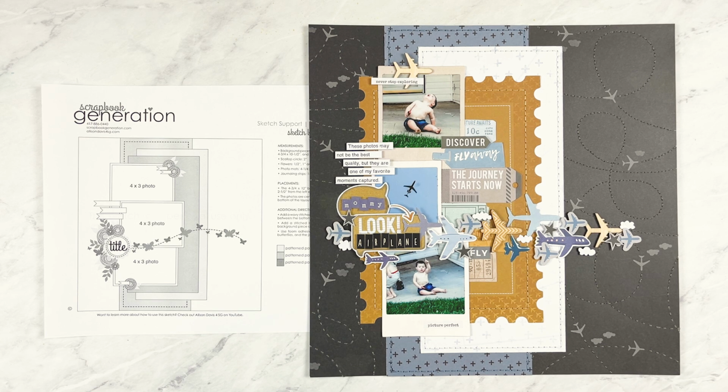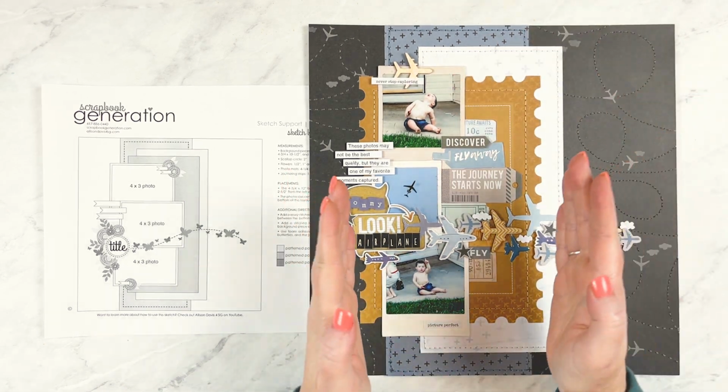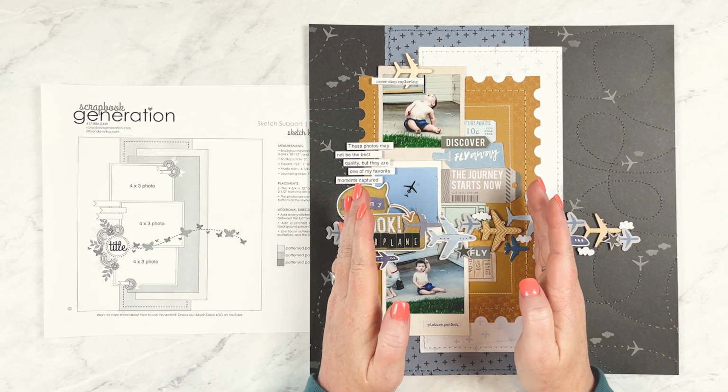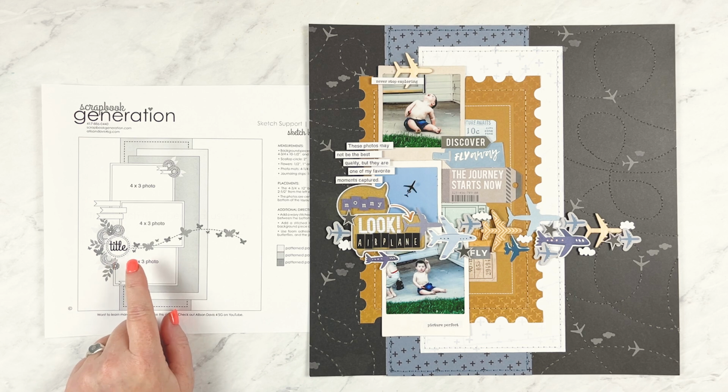The size of it is a little different than the piece on the sketch. It's a little shorter and a little wider, but that's really not a big deal to work into this design. The biggest issue I ran into was that I didn't want the quote to show, and my photos were not going to cover all of it because I ended up using smaller photos than the 4x3" photos on the sketch.